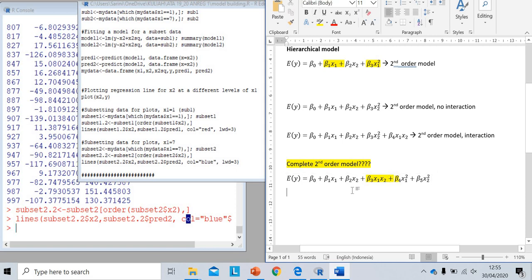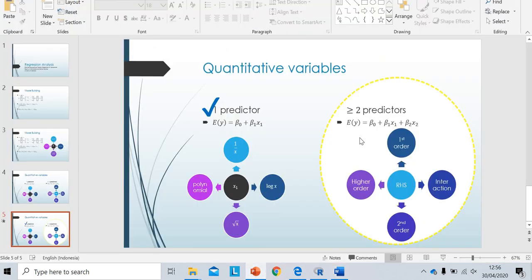So that's many varieties of interaction or model building for two explanatory variables. So basically we are done with two predictors.